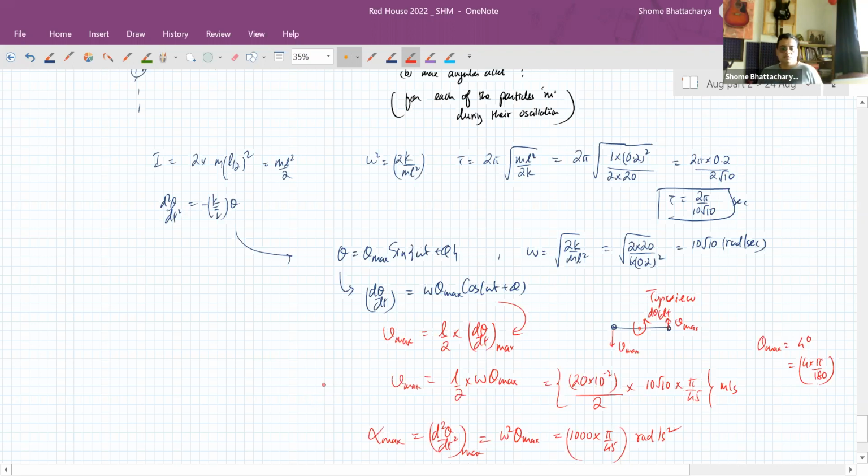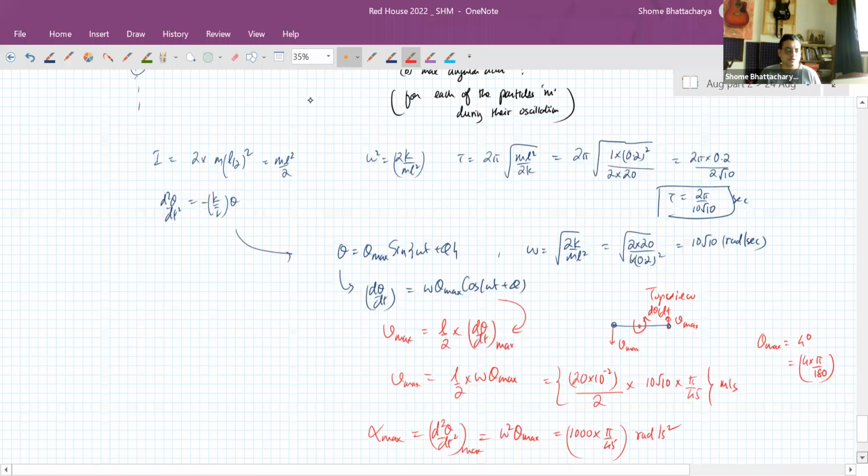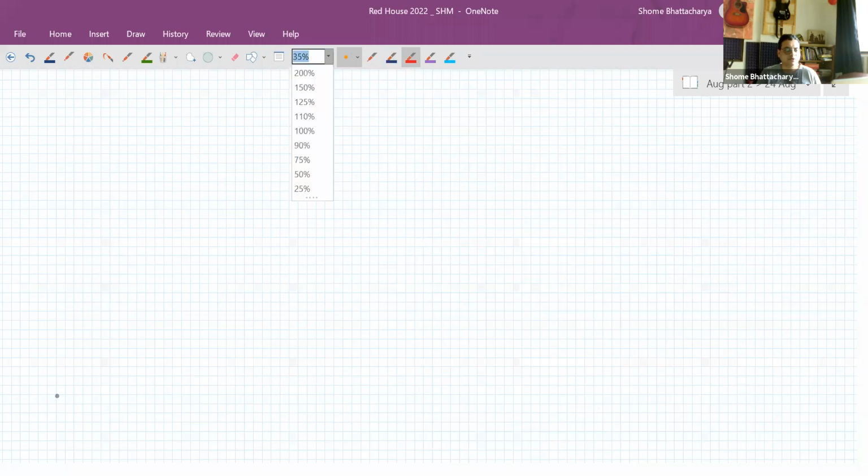Okay, so these types of concepts come in for torsional pendulum based questions.